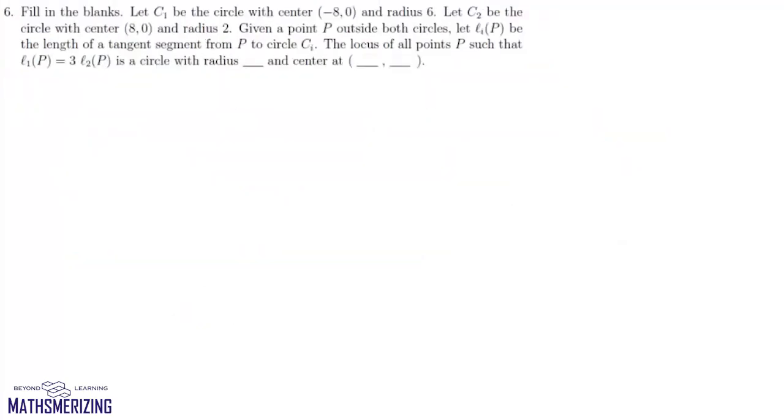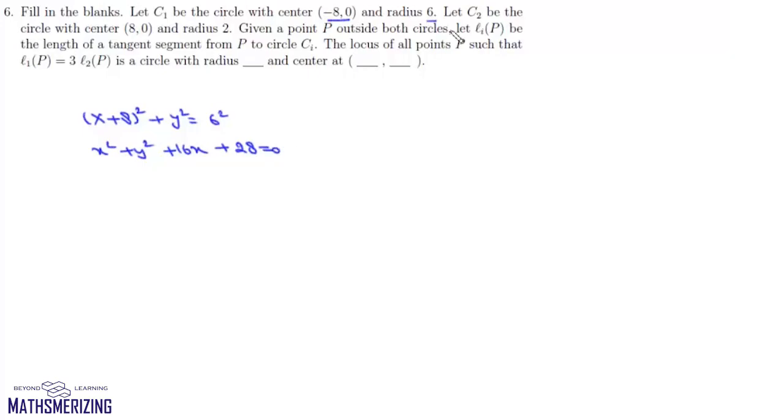Now question number 6 is, let C1 be a circle with center minus 8, 0 and radius 6. So if we write this equation, it'll be (x plus 8) whole square plus y square equals 6 square. So this equation will be x square plus y square plus 16x plus 64 minus 36, which is 28, equals 0.